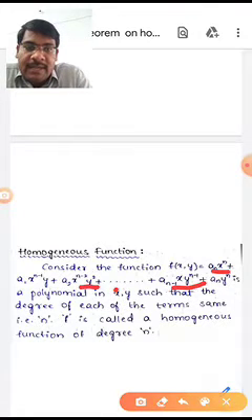Also n minus 2 plus 2 is equal to n. The last term, y power n, also has degree n. Each term has the same degree, so this is a homogeneous function of degree n.